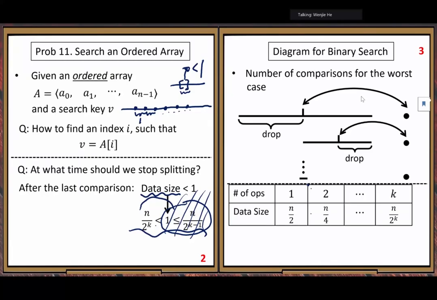So this right-hand side inequality helps us to get a minimum number for k. That corresponds to the best solution.